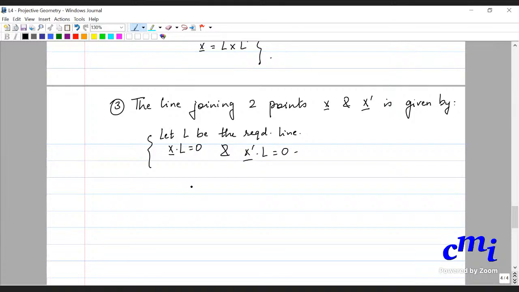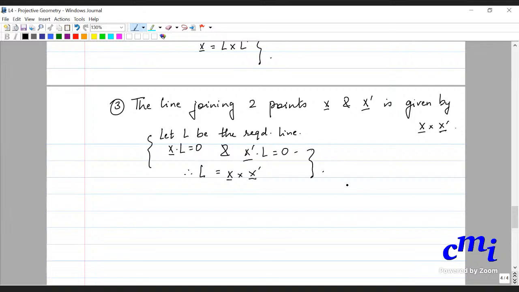So what should L be? You're given X and X prime, and you want to find L, which satisfies both these equations. It is X cross product X prime, by the same token as before. So the line joining 2 points X and X prime is given by X cross product X prime.